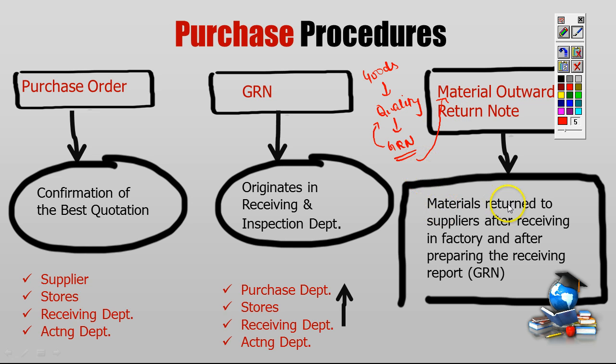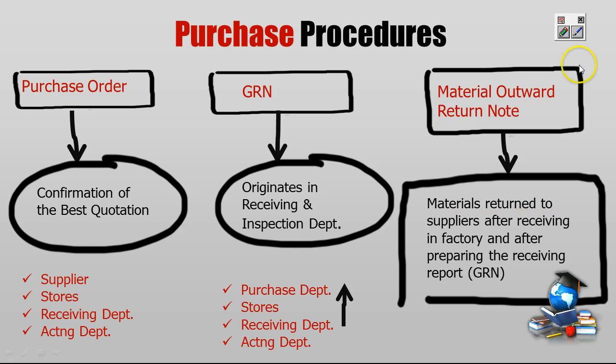Materials returned to the supplier, these are keywords, after they have been received in the factory and after the preparation of the goods received note, you will use a material outward return note. So I think now you understand the difference between the purchase order, goods received note, and material outward return note.